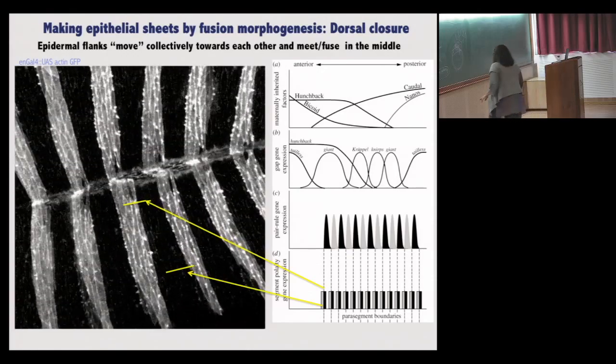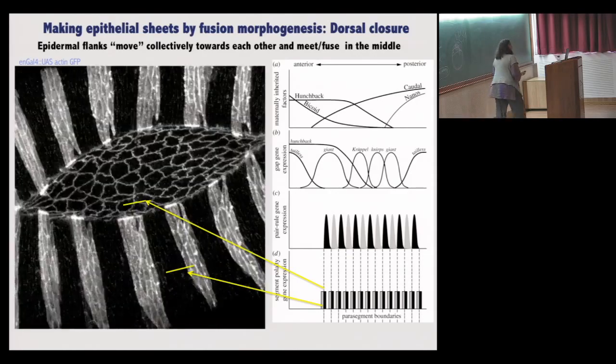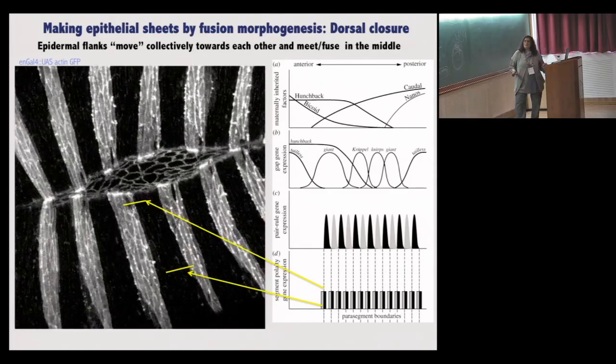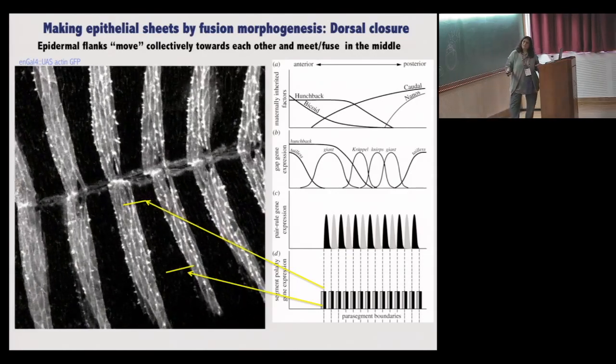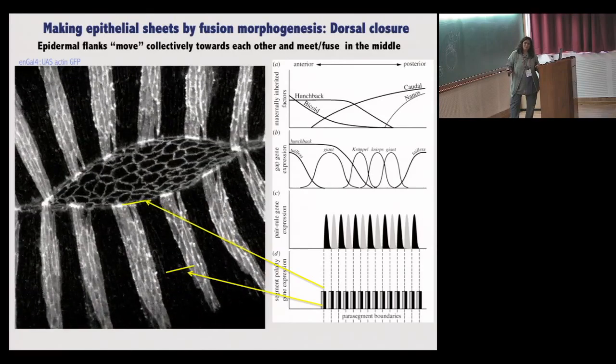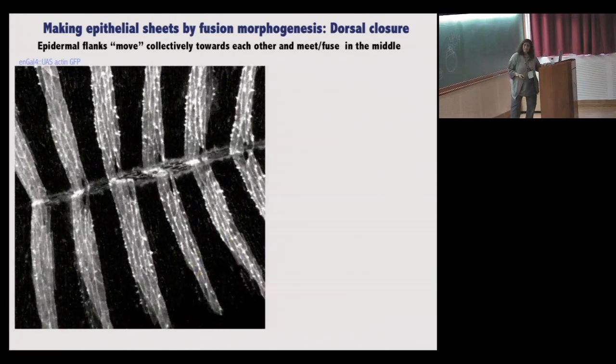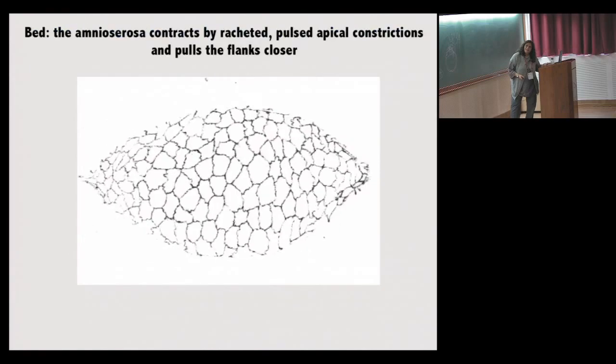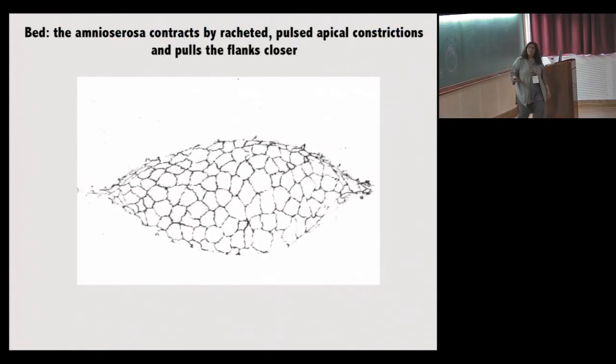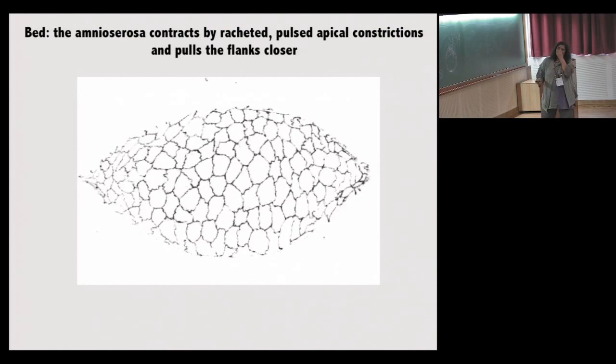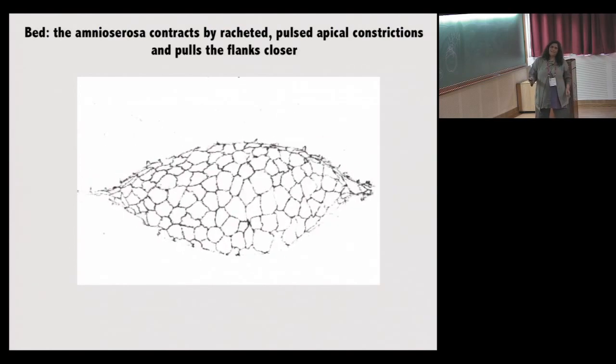So what I'm going to do is to try and use these two tissues to build parallels with how each of these individual processes happens. And so what I'll describe to you first is what happens in this tissue that is attached to those flanks.